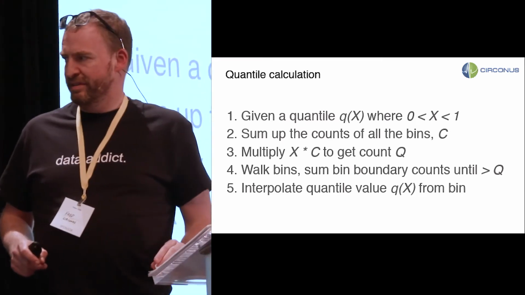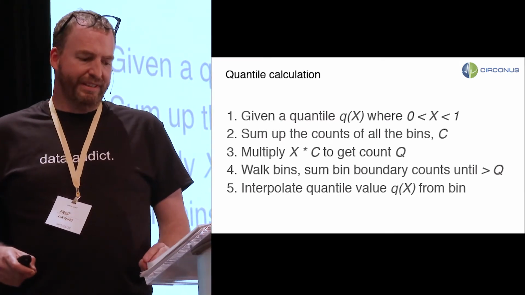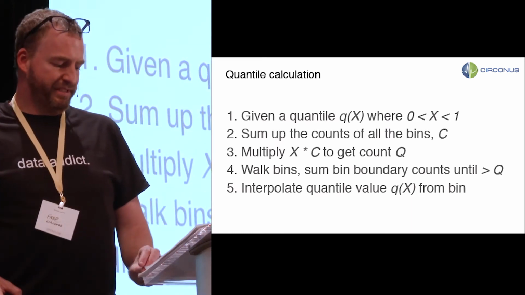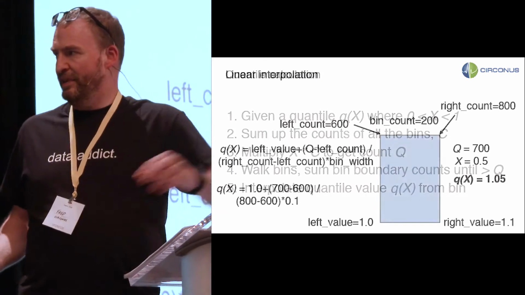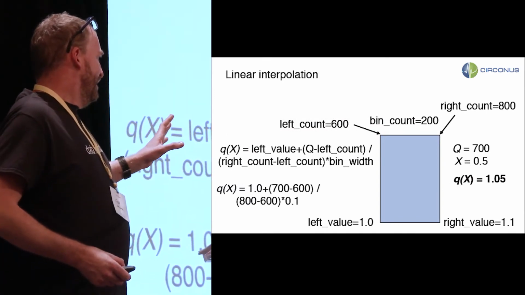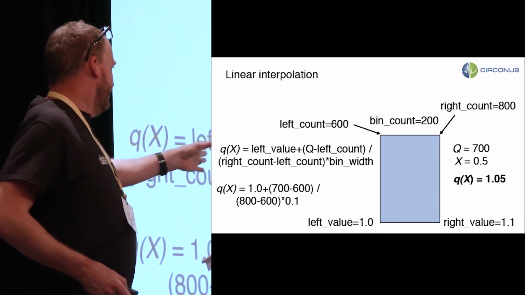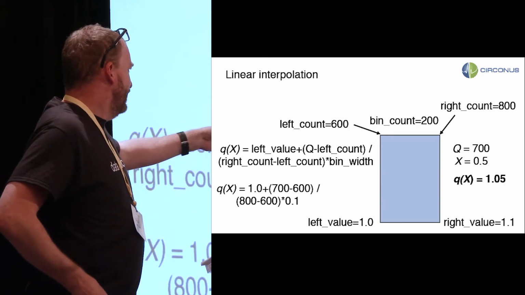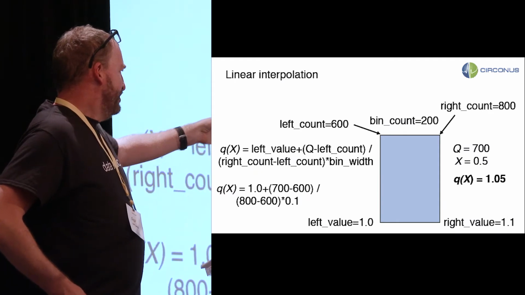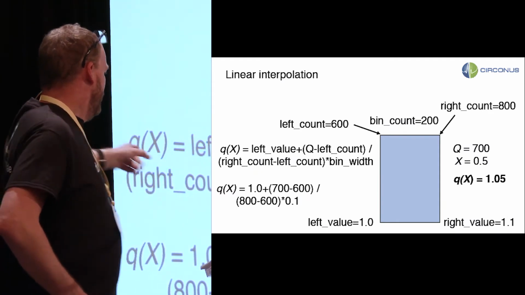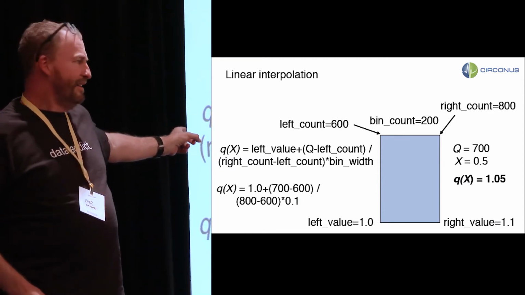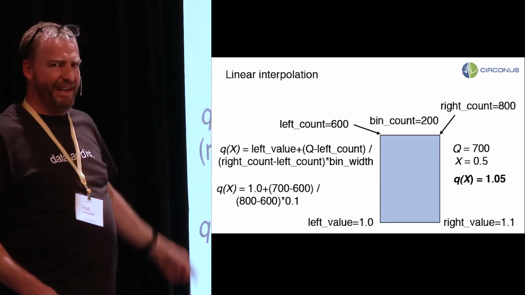Now this might be a bit heavy without writing this down, but I'll be happy to go into this in depth at office hours. But linear interpolation, say we're taking the 50th percentile, and Q turns out to be 700. We can use this formula here. I don't know how many folks remember, well, it was middle school when I took it, algebra.